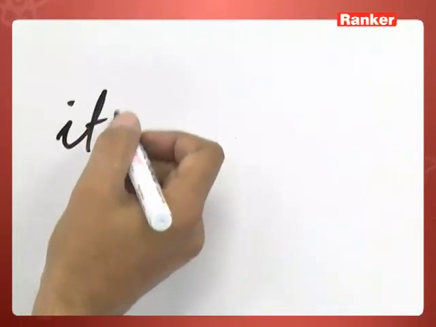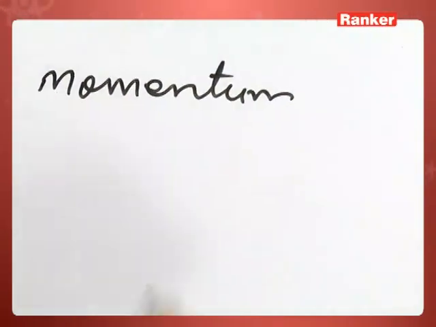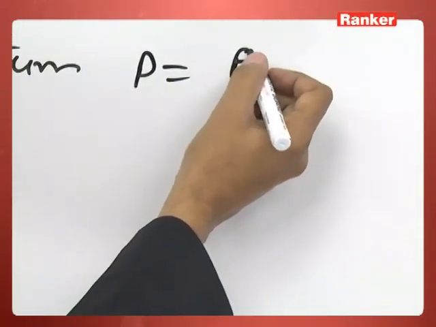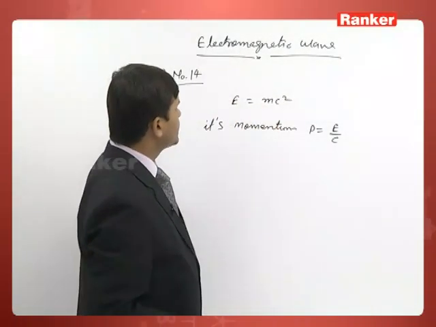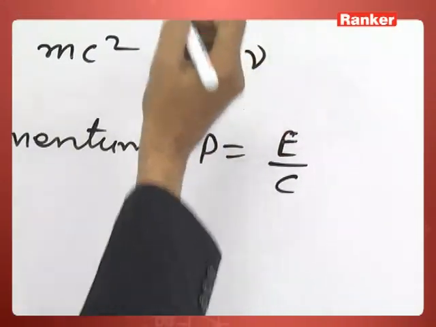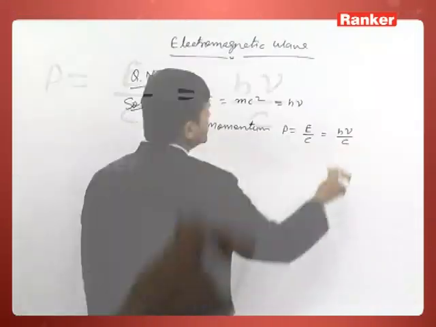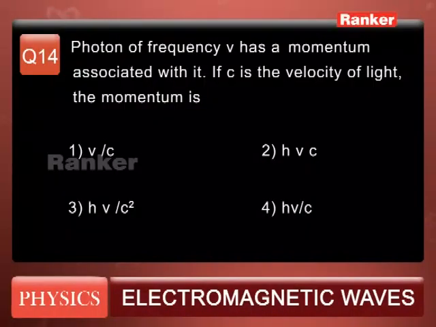Its momentum is given as P = E by c, because E by c is the m into c, and E is also written as h nu. So the momentum of the photon is given as h nu by c. So option number 4 is the correct option.